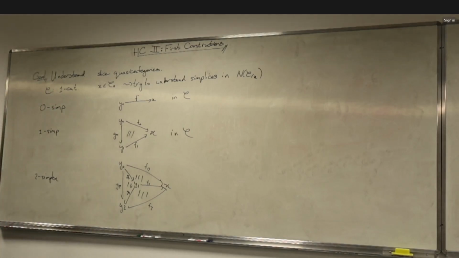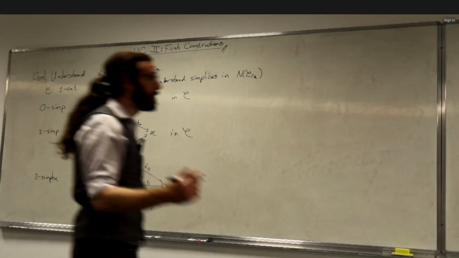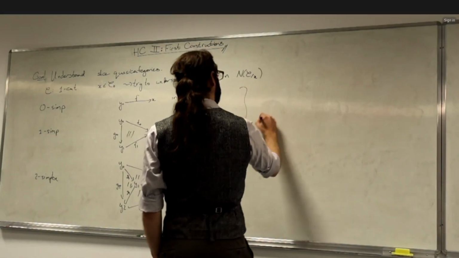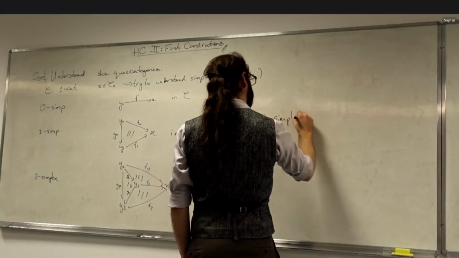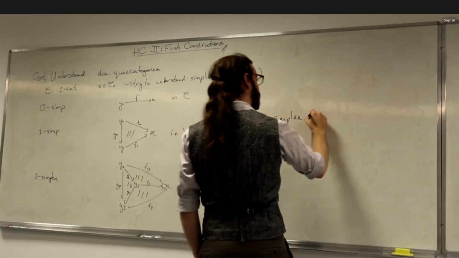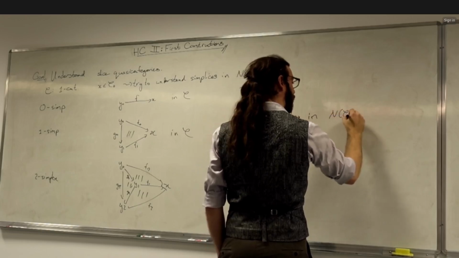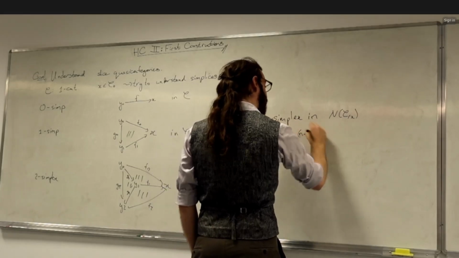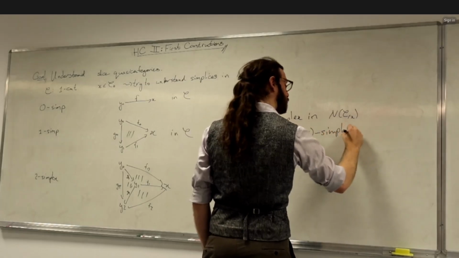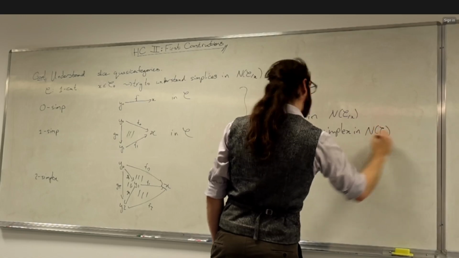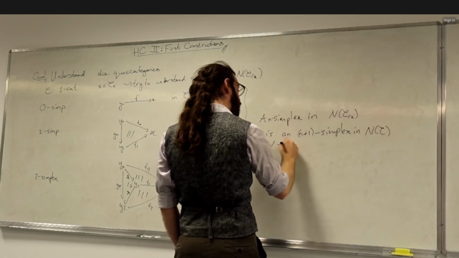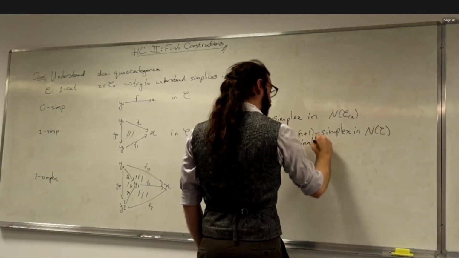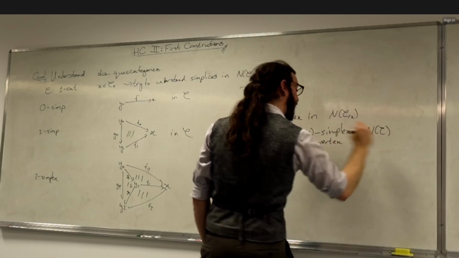We can continue so on and so forth, constructing simplices in this slice, but already we're seeing a pattern emerge. That pattern is that an n simplex in the nerve of the slice of a one category is an n plus 1 simplex in the nerve of C with terminal vertex x.